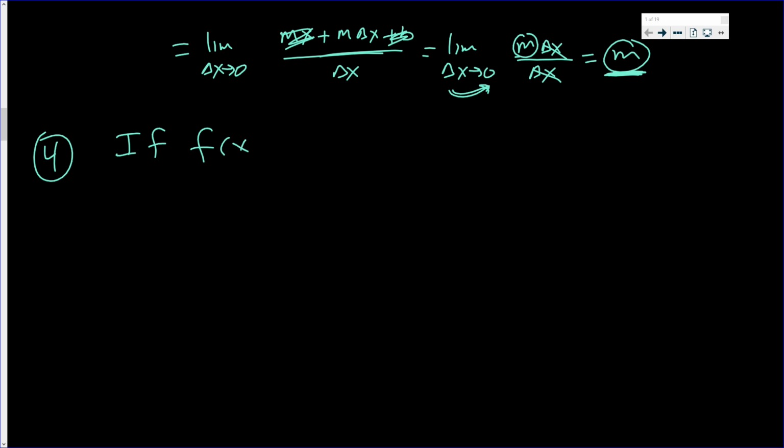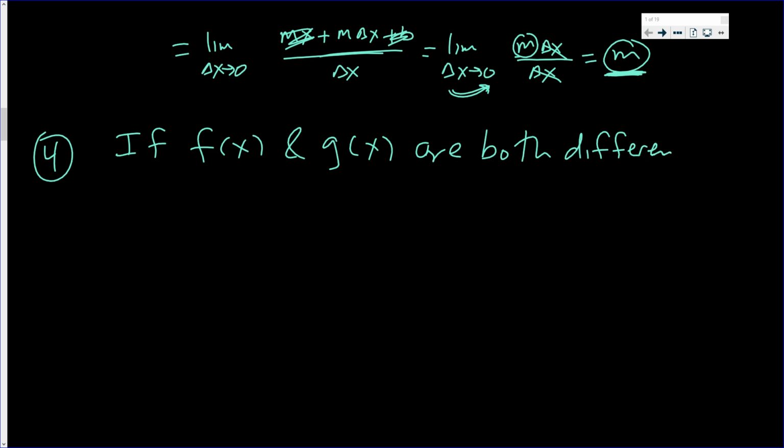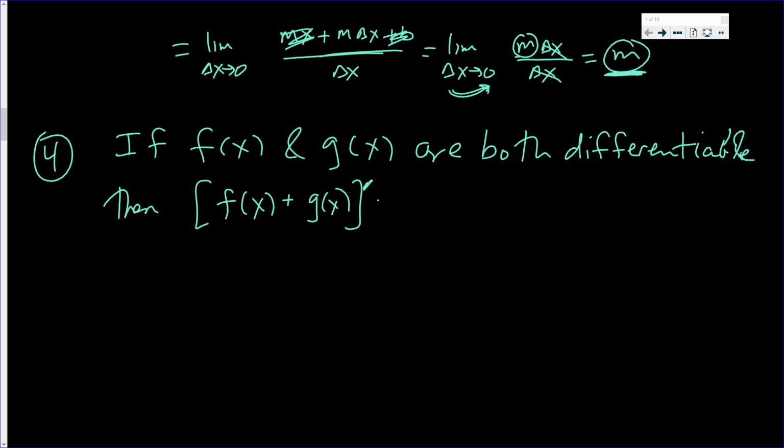If f of x and g of x are both differentiable, then the derivative of f of x plus g of x is nothing more than the derivative of f of x plus the derivative of g of x.